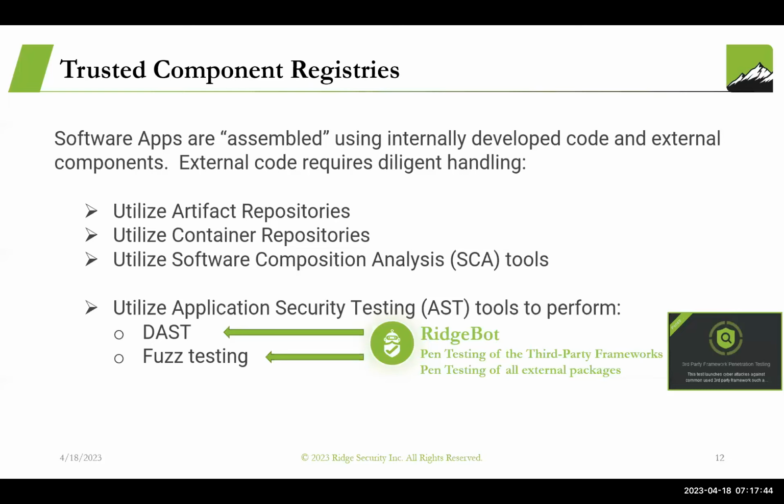I want to mention that RidgeBot provides a specific scenario, a third-party framework security testing scenario with a large number of plugins to look for specific vulnerabilities in these third-party app frameworks. Some examples are a suite of Apache frameworks such as Struts2, JBoss, WebLogic, Spring Framework, etc.